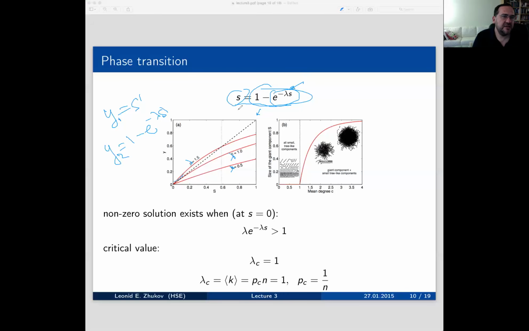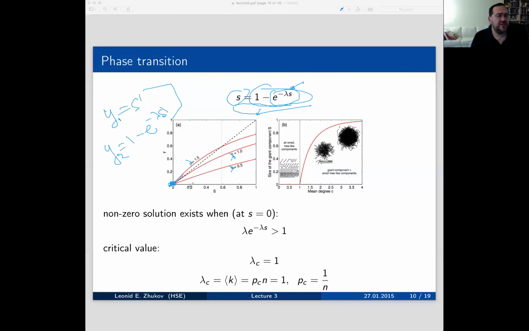So let's see where this equation has solutions, where those two curves intersect. One point of intersection is obviously always at 0. When s is equal to 0, this is 0, this is 1, 1 minus 1 is 0, so there's always a solution there.